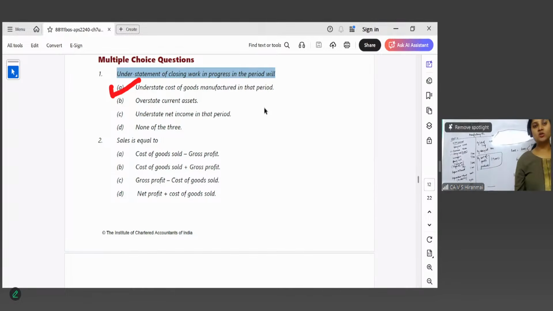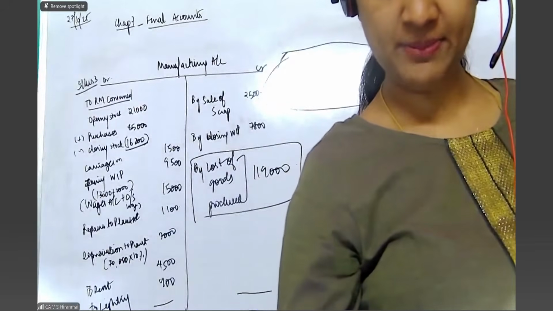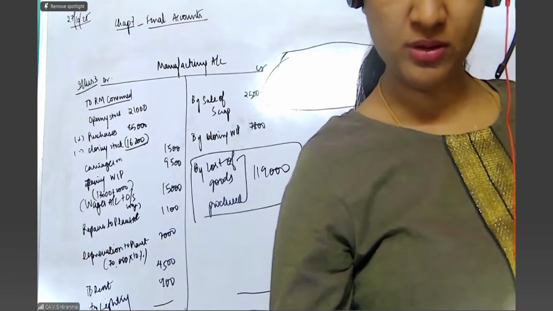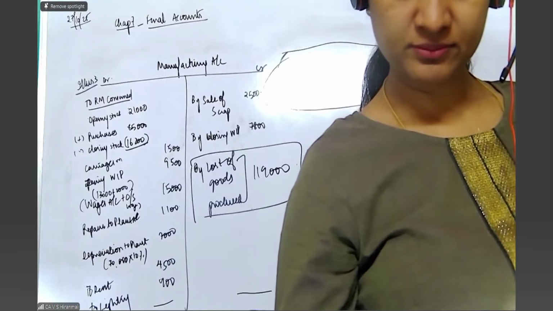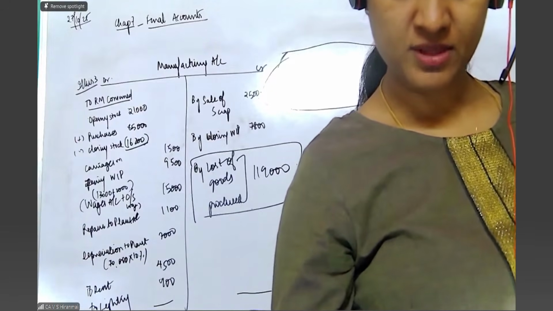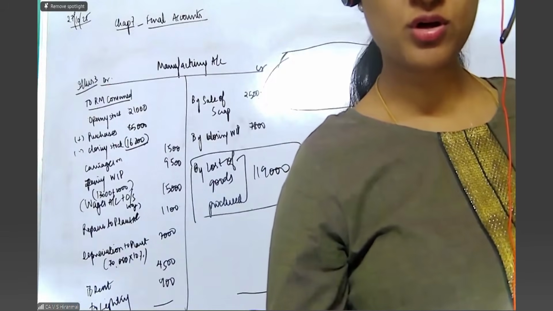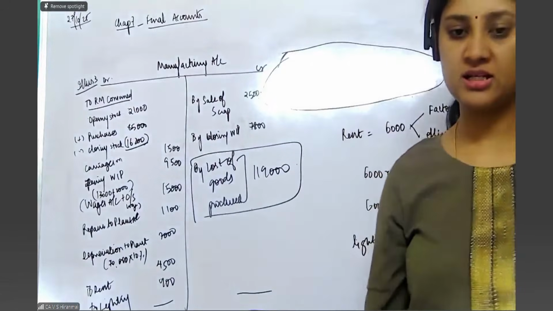When you reduce the closing work in process, the debit side will be more. Will your cost of goods sold or cost of goods produced increase or decrease?